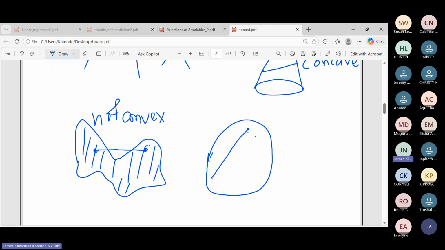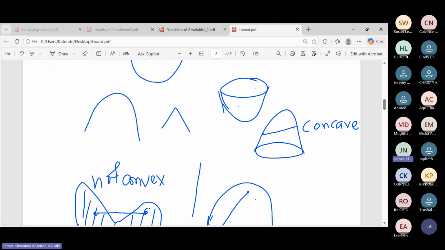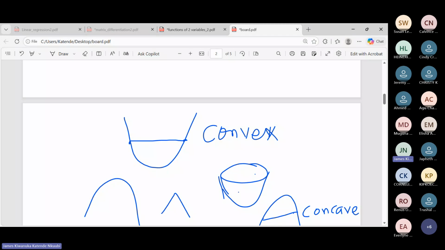Again, if you go back to our examples, the points lying above or on the graph form a convex set because if I pick any 2 points in there and join them, the line will entirely be in the set of points that are above the graph.